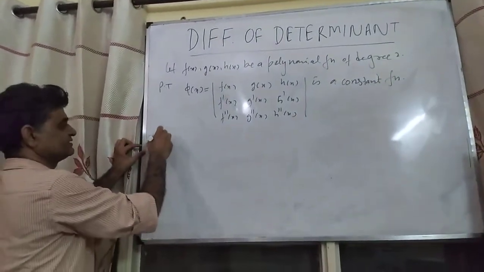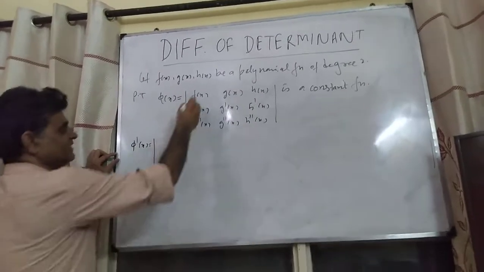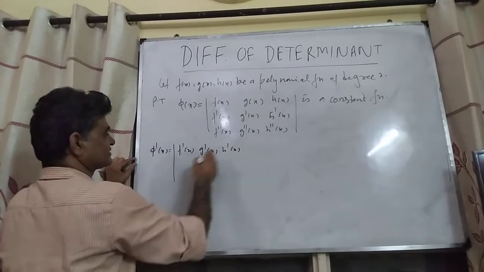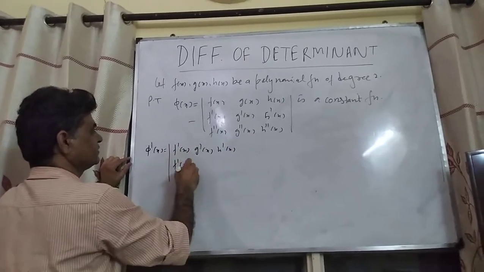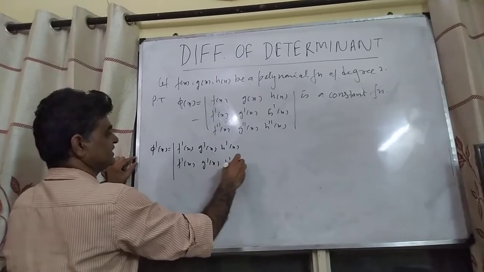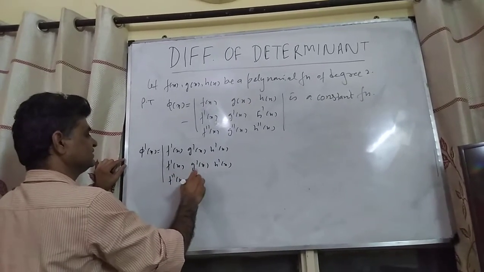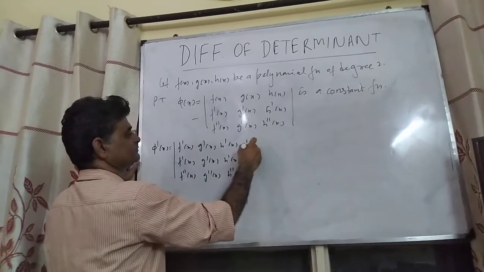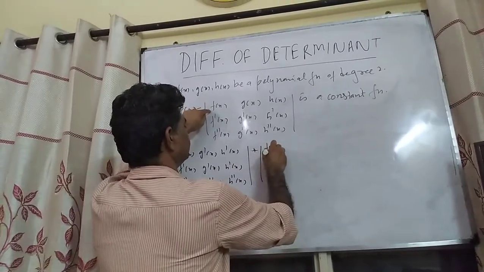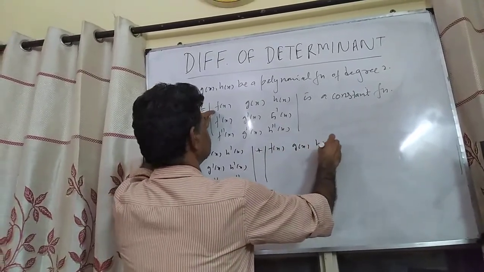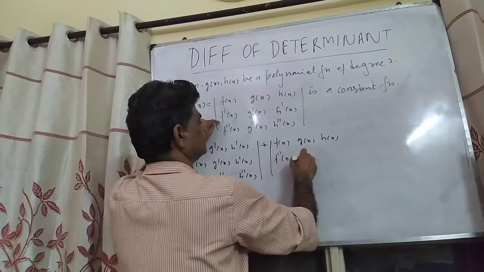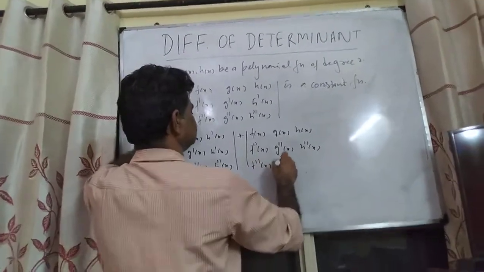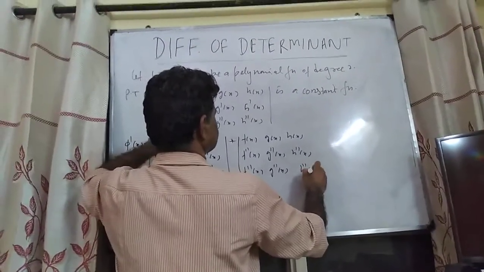We are just differentiating φ′(x). In the first determinant, the first row is differentiated: f′(x), g′(x), h′(x), and the remaining two rows remain the same: f′(x), g′(x), h′(x); f″(x), g″(x), h″(x). Similarly, in the second, the first row will remain the same and the second row has to be differentiated: f″(x), g″(x), h″(x); f″(x), g″(x), h″(x).